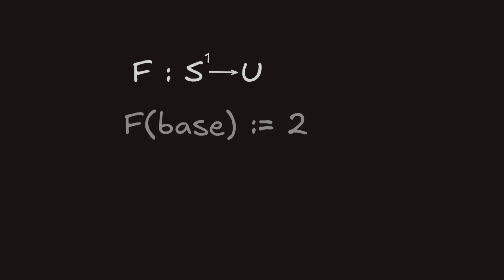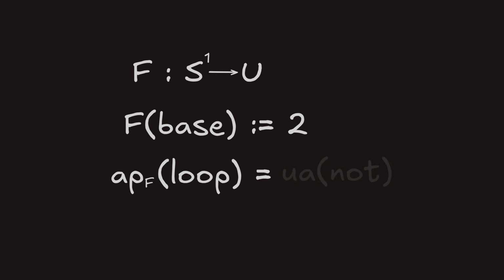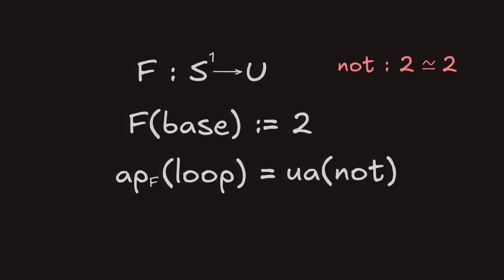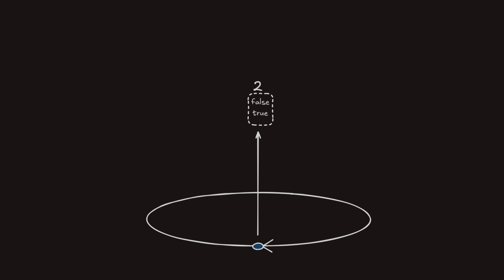We'll define F base as being equal to 2, and we'll define ap F loop, from 2 to itself, as being homotopic to UA not, where not is an equivalence from 2 to itself, and UA not is a path from 2 to itself. Let's draw a picture of this.